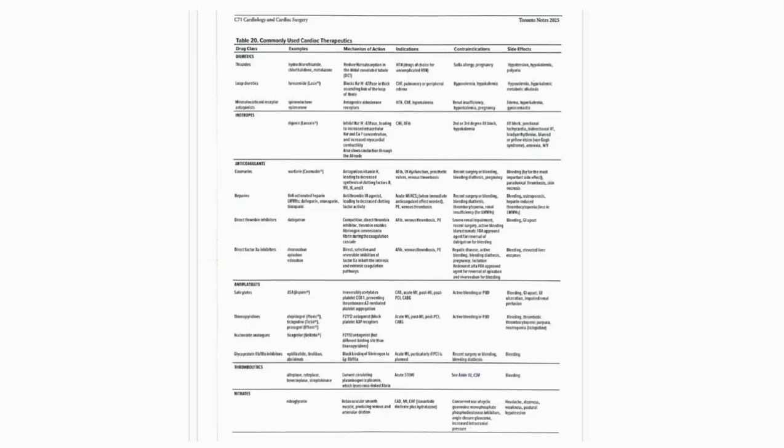Common uses include acute myocardial infarction, acute coronary syndrome, pulmonary embolism, venous thrombosis. Contraindications include active bleeding, thrombocytopenia, recent surgery, and renal insufficiency for LMWH. Important adverse effects are bleeding, osteoporosis with prolonged use, and heparin-induced thrombocytopenia.